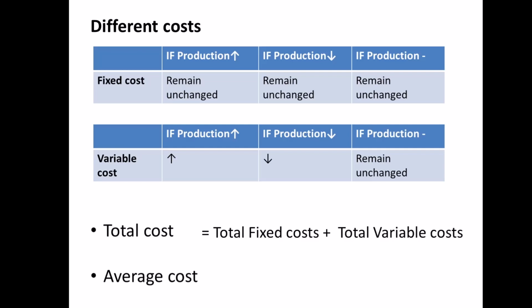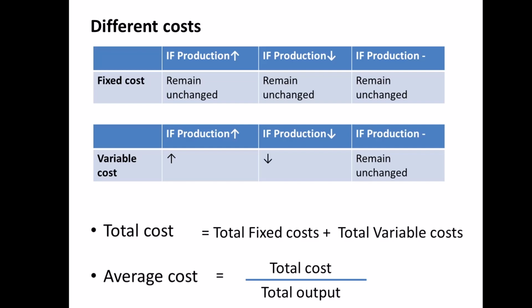Very logically, if we want to find out the average cost, you just use the total cost divided by the total output, and that's how you find the average cost per unit. So this is what we have to know for now: the fixed cost, the variable cost, the total cost, the average cost, and then we also have revenue.